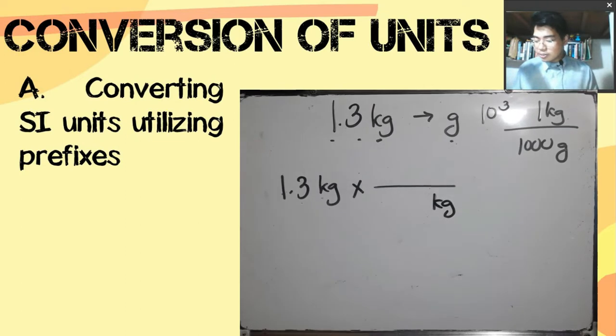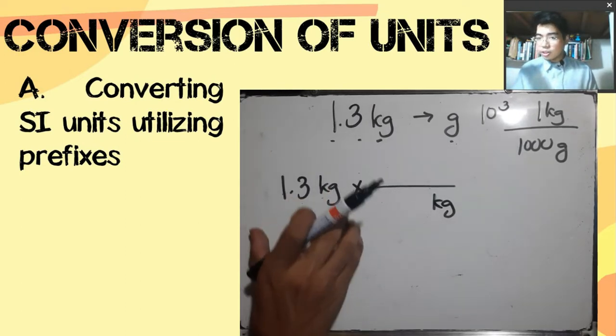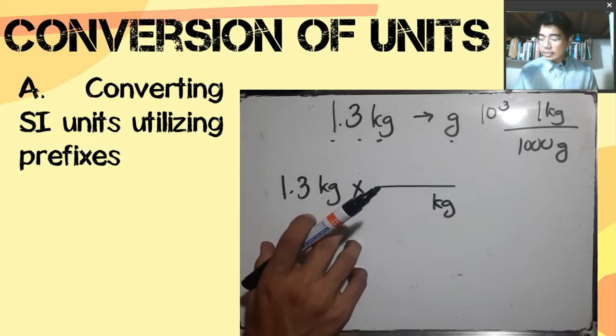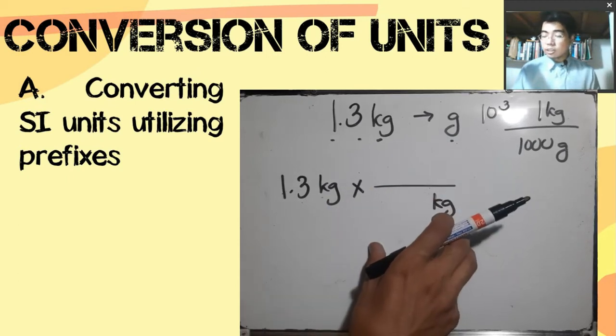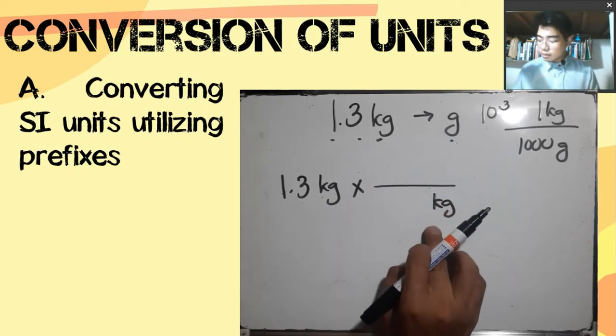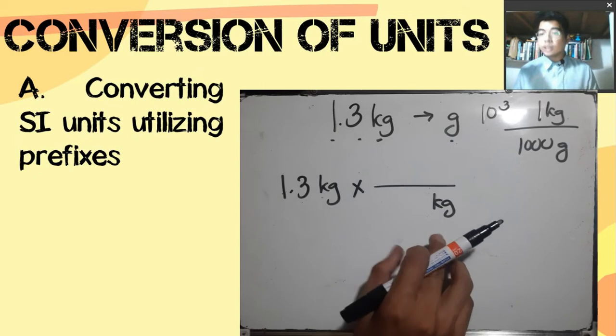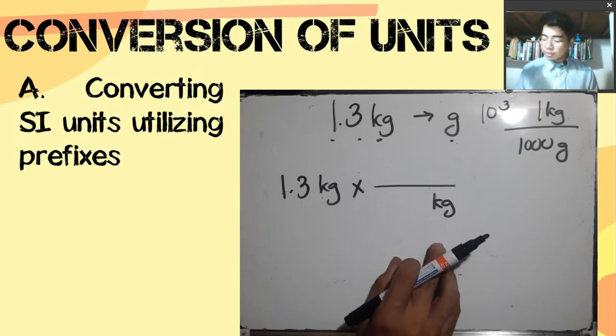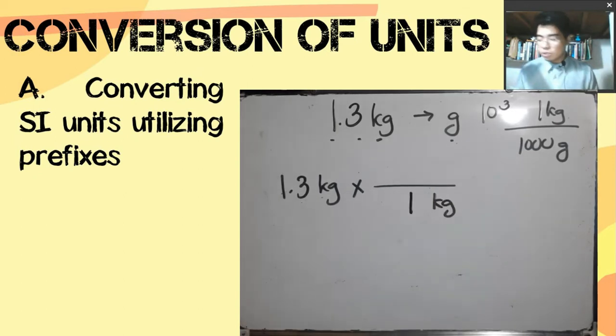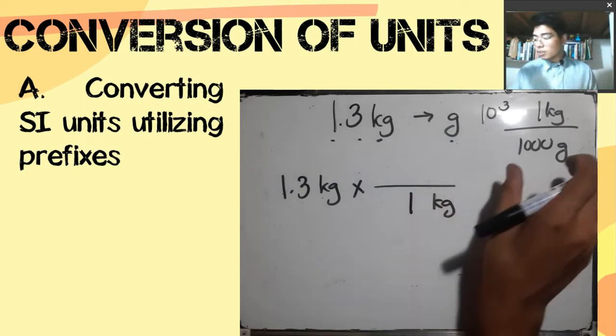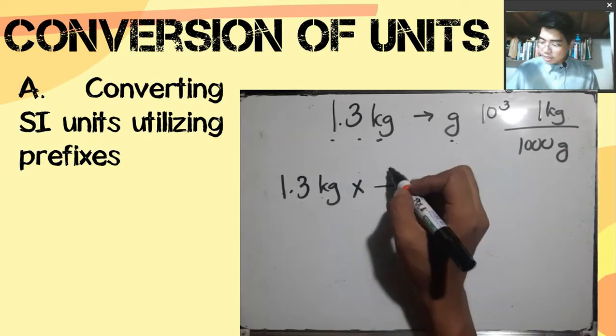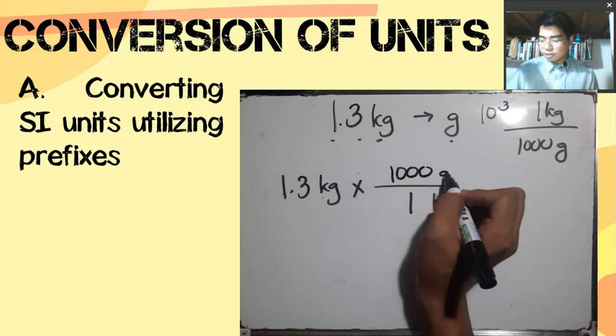Since kilogram is present on the numerator on the first part of our mathematical sentence, for it to be cancelled out, we should place the kilogram unit on the denominator on the second part of the equation, in which our value is 1 kilogram. Then 1,000 grams, we're going to place it on the numerator.